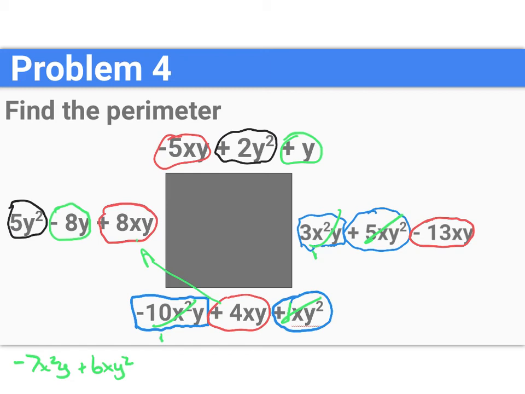And 12 minus 18 is negative 6xy. So we dealt with all of those. Then we go to our y squared. So we got 5 and 2, which makes 7. Cross those out. And we have negative 8y plus y, which is negative 7y.